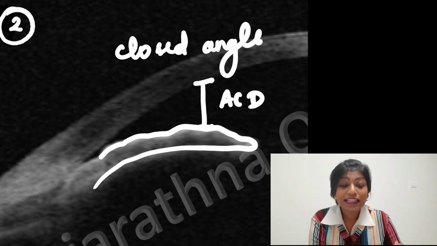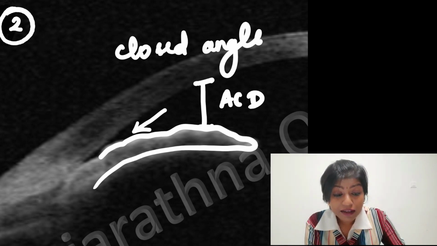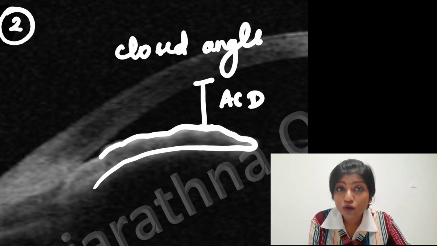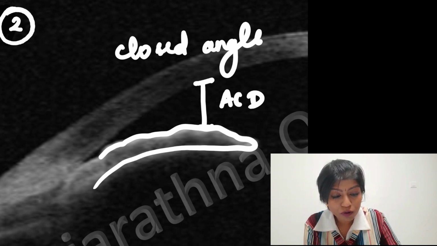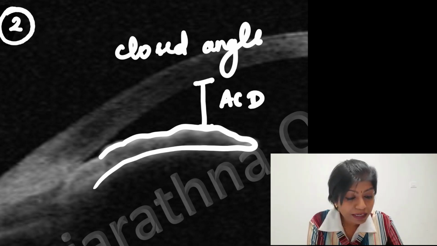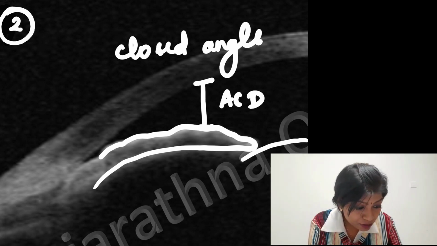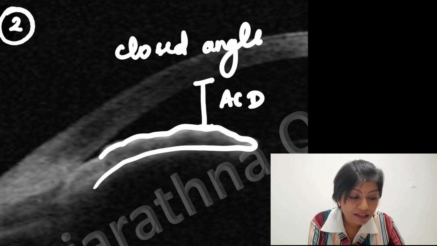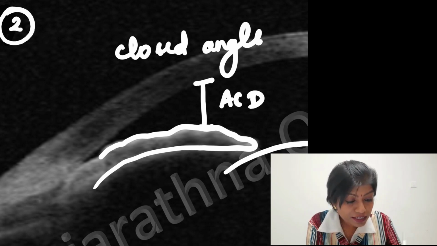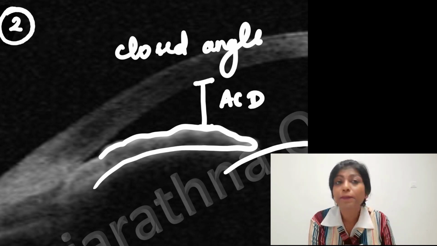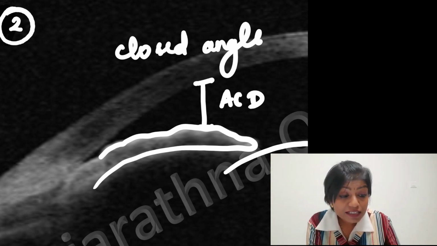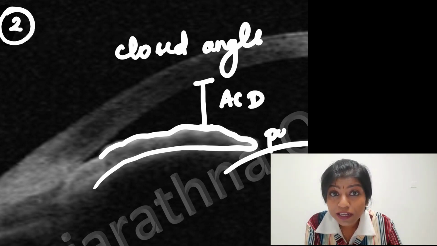So now in this patient, obviously the aqueous is not able to go out, right? And also I will have an element of the lens. You can see the line of the lens here. Yes, so the anterior portion of the lens is here. So there is what we call a pupillary block as well.